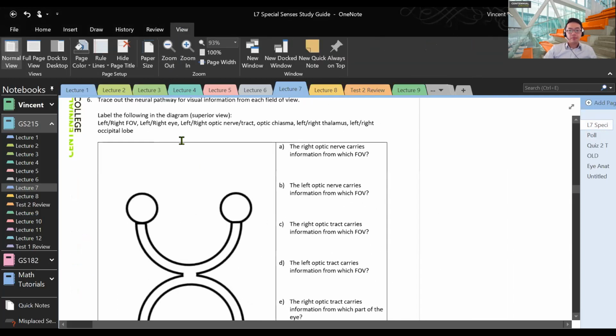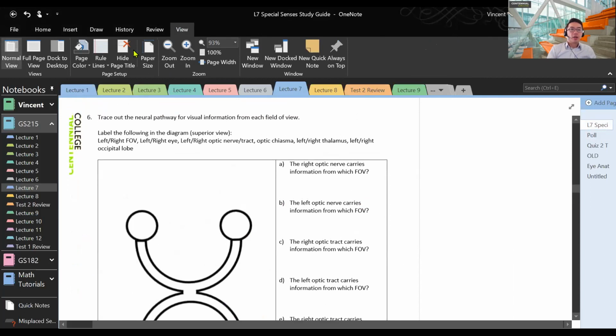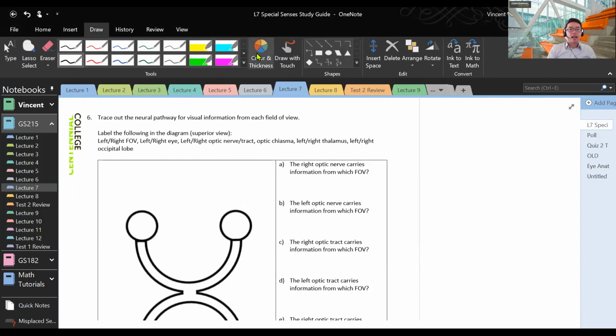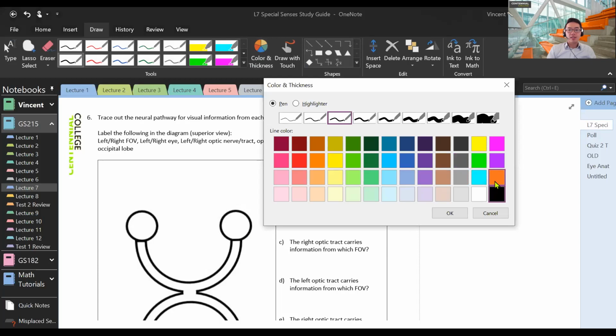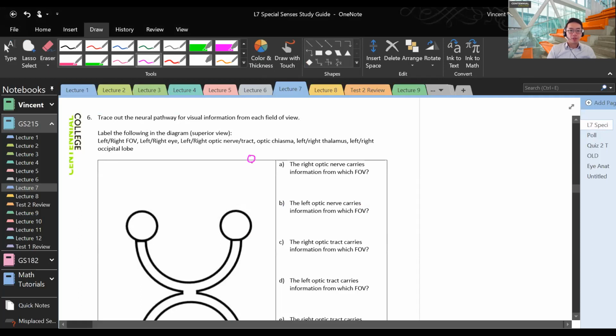Okay. This is a bird's eye view looking at the eyeballs from the top. So this is the right side. This is the left side. Now, in our vision, we have what's called the right field of view as well as the left field of view. So let's say we put a person here.